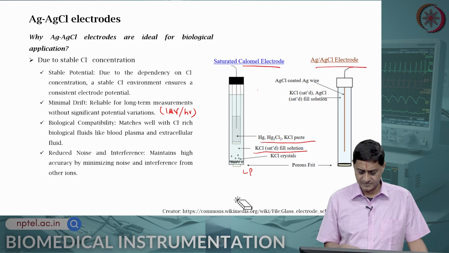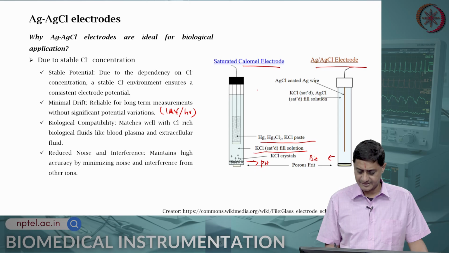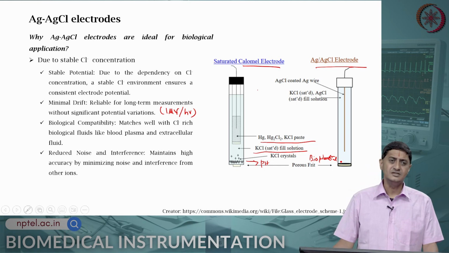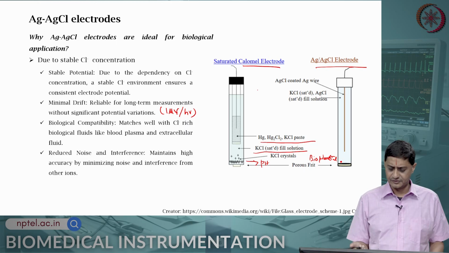This is used for pH measurement. This is used for biopotential recordings. So, these are the advantages of the silver chloride electrodes.